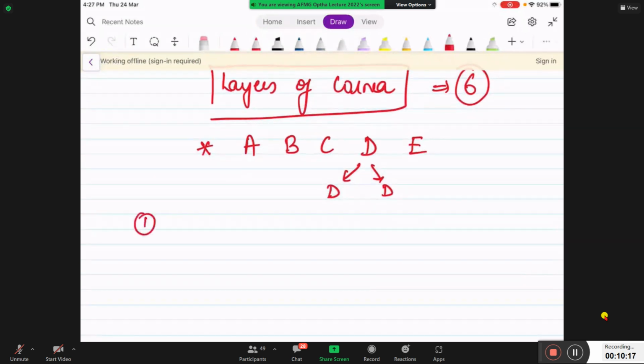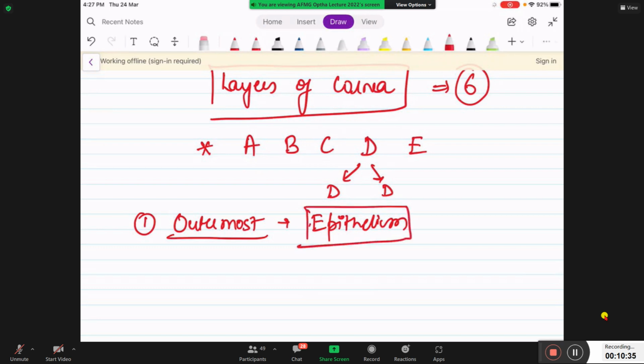Write down the first one, the outermost layer of the cornea. Outermost layer of the cornea is called epithelium. So A stands for anteriormost epithelium.